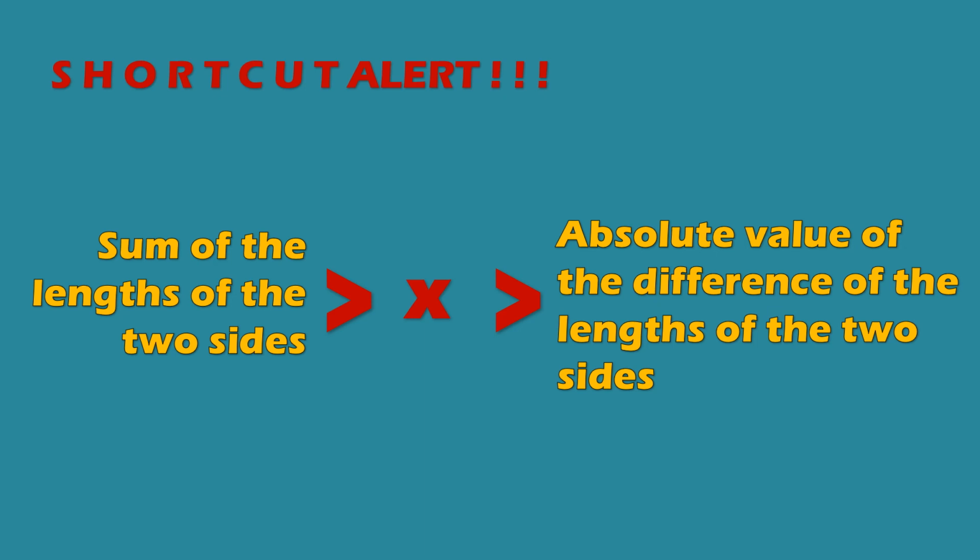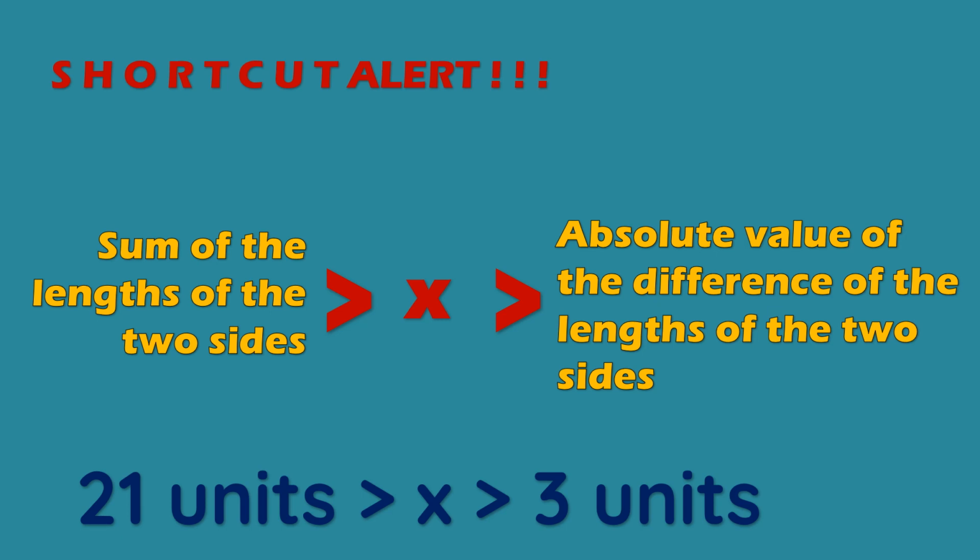If we try to review our answer a while back, we have x must be greater than 3 units but less than 21 units. The given lengths a while back were 12 units and 9 units. The absolute value of the difference of 12 and 9 is actually 3 units, and here it is. It must be greater than 3 units. And the sum of 9 and 12 is 21 units, and here it is, 21 units.